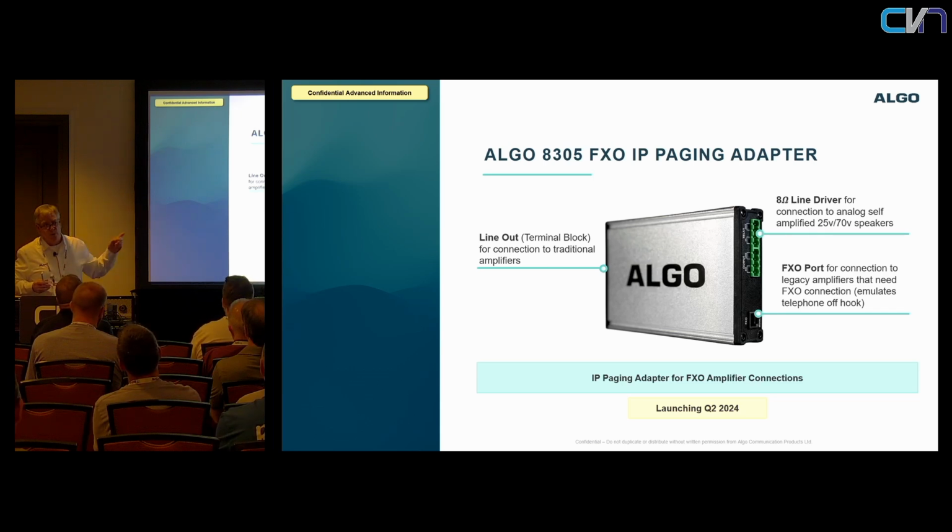This allows you to connect to those systems that provide talk battery, a wet pair that was connected into a CO port on their PBX. In the past, the 8301 was limited. But now we can terminate that wet pair on this device, SIP register it, and call in, and give them the full zone control that they had in the past. Okay?